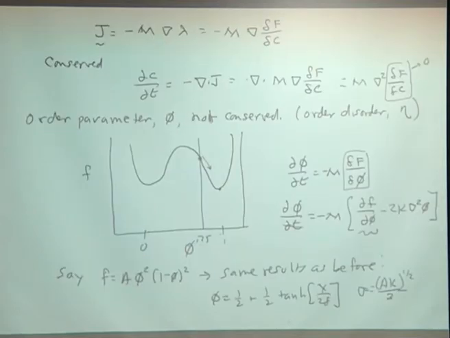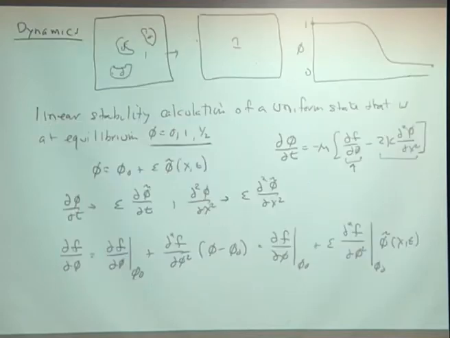And if you look at the uniform states, they have the derivative of f with respect to phi equal to 0. So this term is equal to 0. And so that means that the partial of f to order epsilon is just this term here.